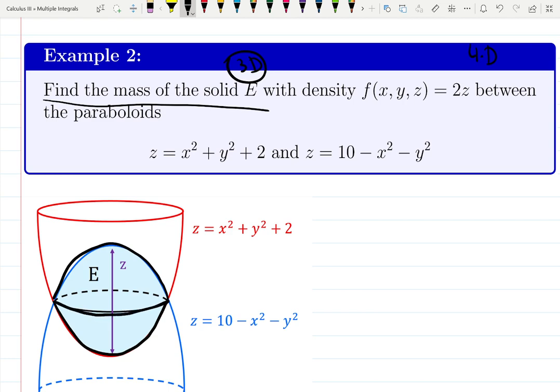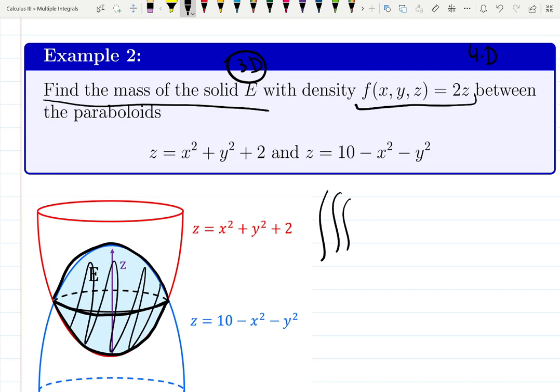And the cantaloupe has different density inside, depending on where you look at it. The density of the cantaloupe is given as so. And that's why we need triple integrals. A double integral gives me the volume of this object. A triple integral will give me how heavy the cantaloupe is, using this described function of the density of the cantaloupe.